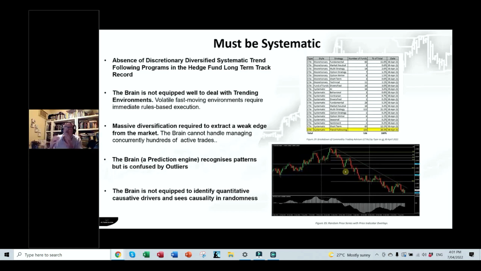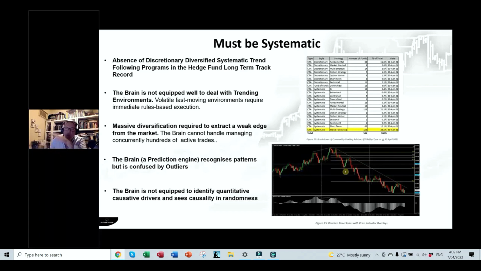So the brain is not well equipped to deal with these particular trending environments or these anomalies that we'll get into in a second. They're very volatile, fast-moving environments, and they require immediate rules-based execution. When you're trying to juggle, say, 150 active trades at a time, you don't want to be doing that in a discretionary way. You want some algorithmic, systematic process to manage all of those rules for you. You just sit back and make sure that your rules are being executed in accordance with how you've designed them. So we employ this massive diversification.